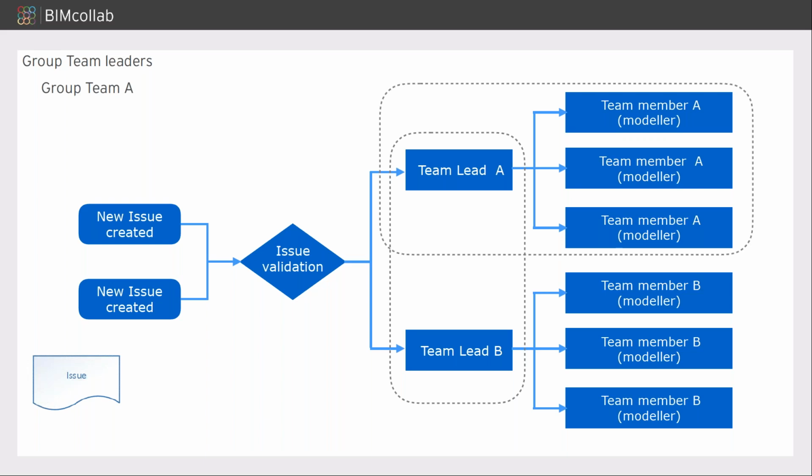So they can be assigned from outside by team lead B, but they can only assign to the team members within their own team. If a team member has a solution, they can only reassign back to the team lead and not directly to somebody outside the user group. So in this workflow, it's very easy for the team member in team A to know to whom to assign, and also to validate issues and responses throughout the project.